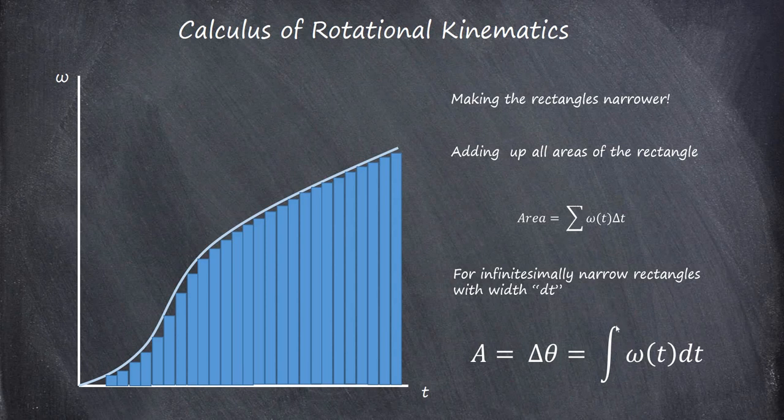That's just how I think about it. But now this is just the area omega t, and instead of delta t, we now have dt because here we are assuming that we're using rectangles with infinitesimally narrow width. So we have now delta theta is the integral of omega as a function of t dt. And by using calculus, we are now more able to accurately determine the area under this curve. Still with me?